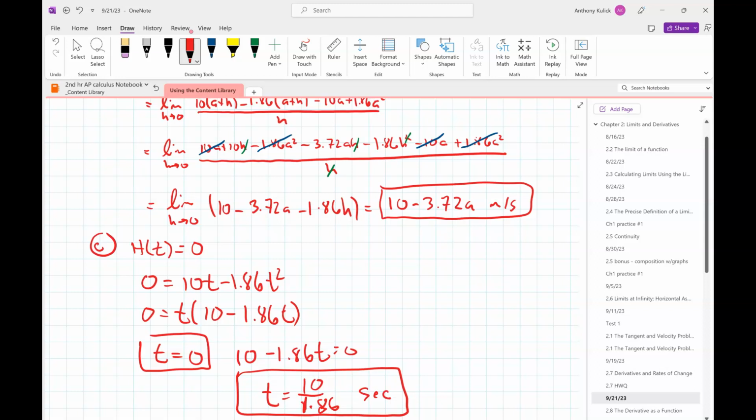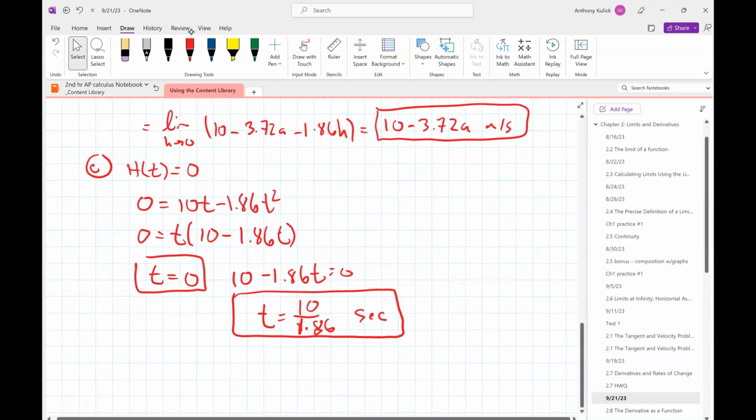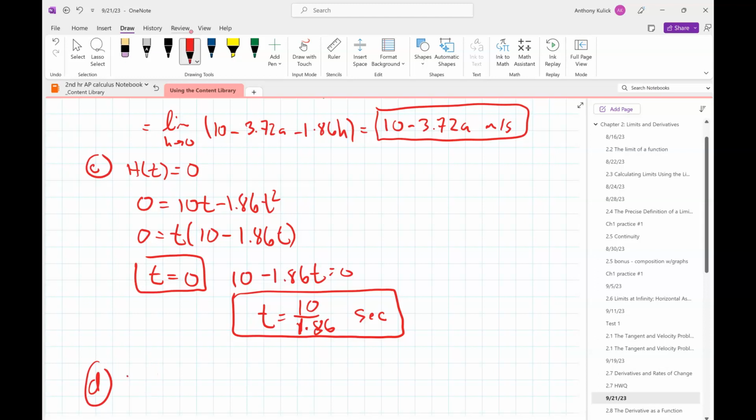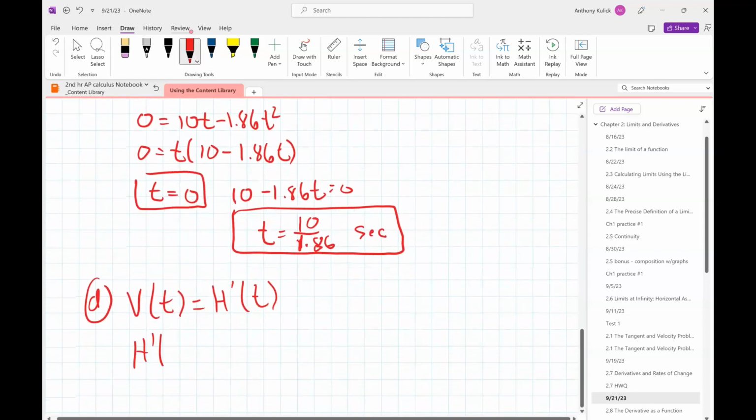Cool there? Tessa? Yeah. Okay. And the last part, part D, says, what will the velocity be when we hit the surface? Well, the velocity is just going to be the derivative. And when we hit the surface, we know the time that happens.